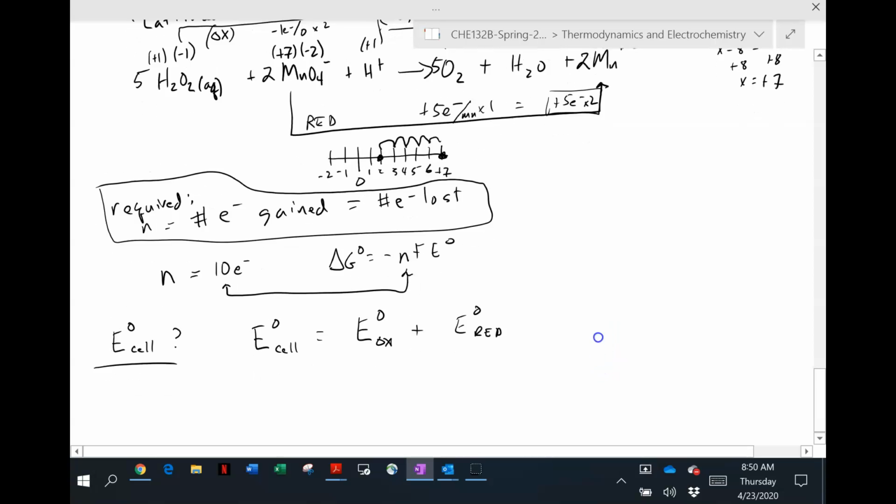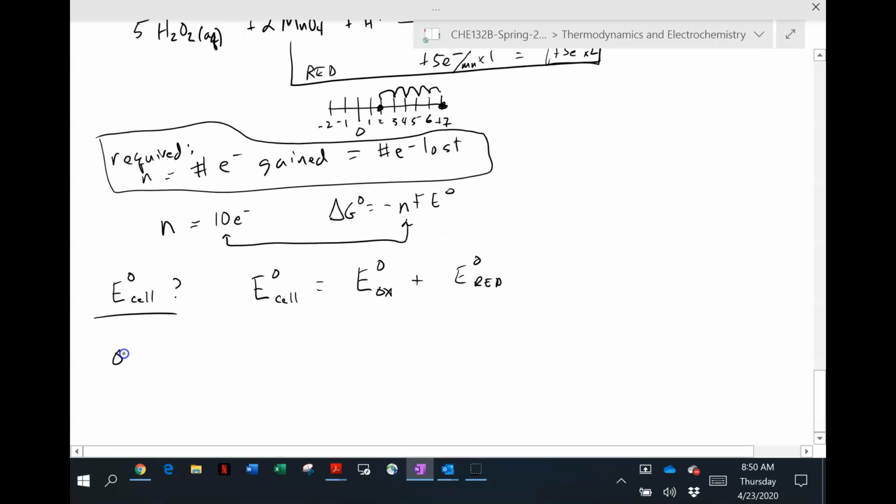So our oxidation half reaction in this case was H2O2 going to O2 and giving up 2 electrons, and the 2 hydrogens probably go to 2 H+. So that's the oxidation half reaction.